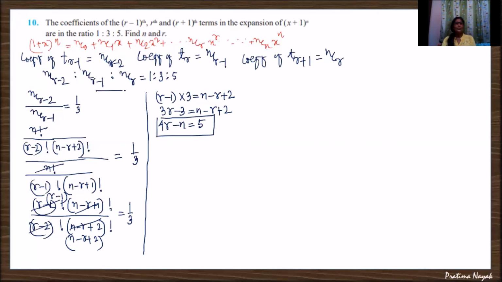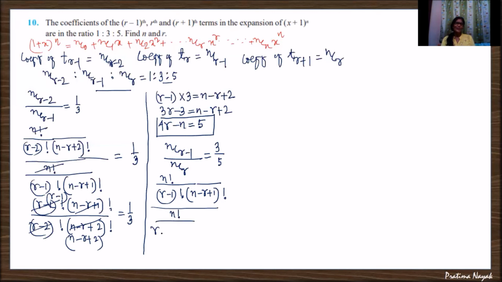Next I'll go for the last two ratio. It will be nC(r-1) upon nCr is equal to 3/5. So n! / ((r-1)! (n-r+1)!) upon n! / (r! (n-r)!) is equal to 3/5. So here let us simplify. n! is cancelled.